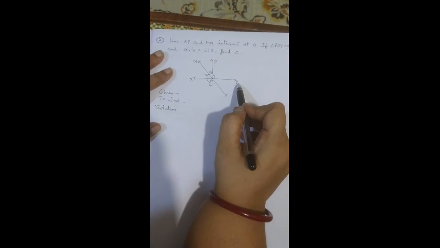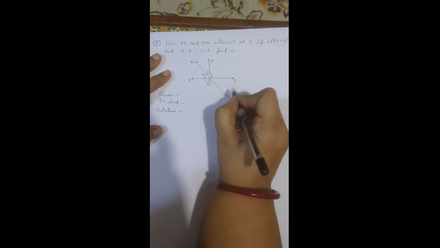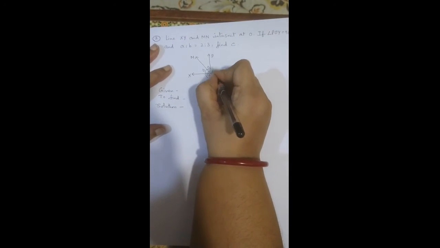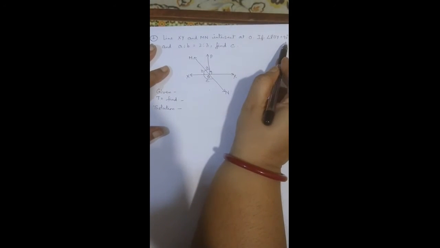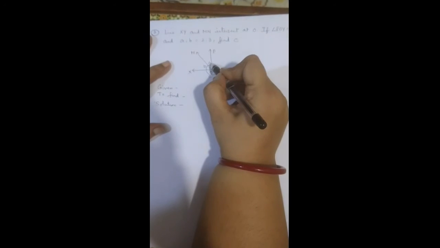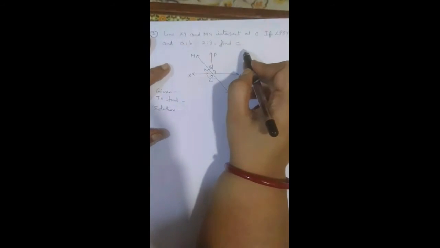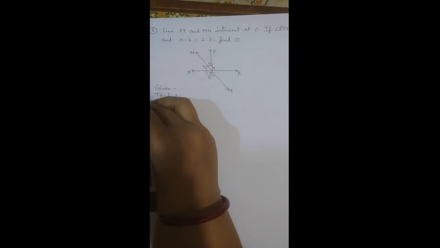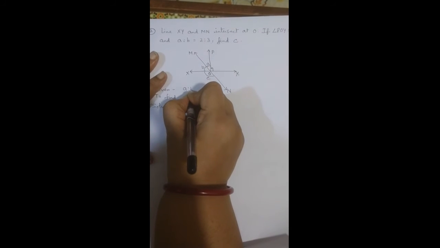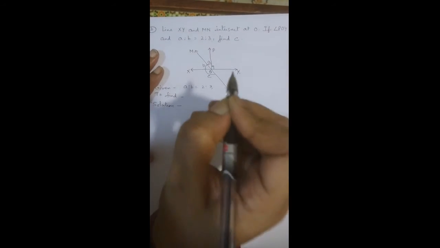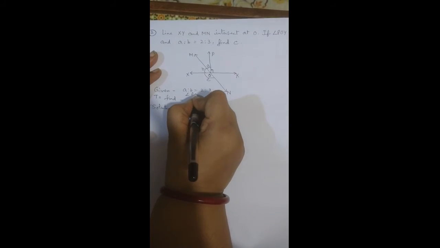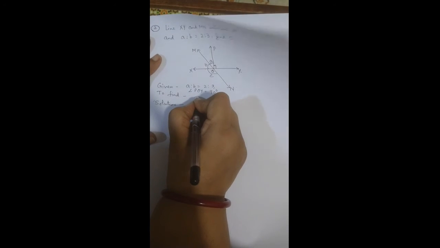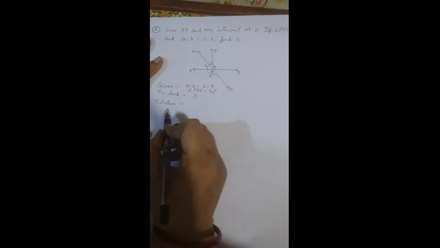Lines XY and MN intersect at O. If angle POY is 90 degree and A is to B, the ratio of these two angles, is 2:3, find C. So given is A is to B equals 2:3, and angle POY equals 90 degree. To find is C.